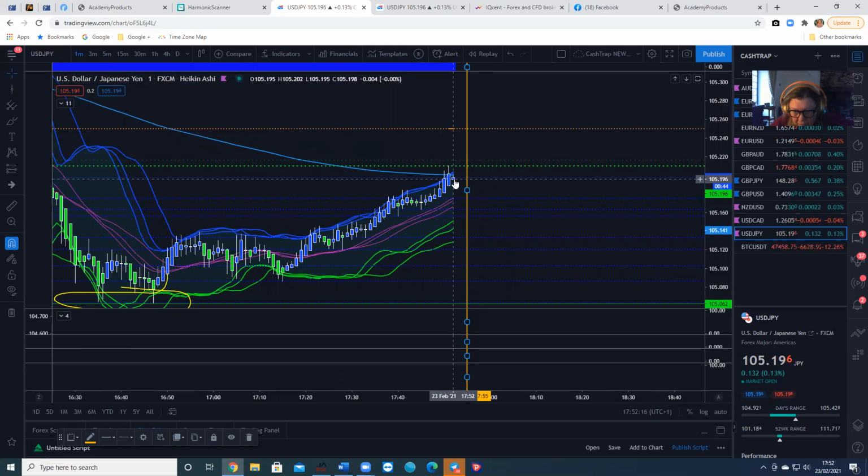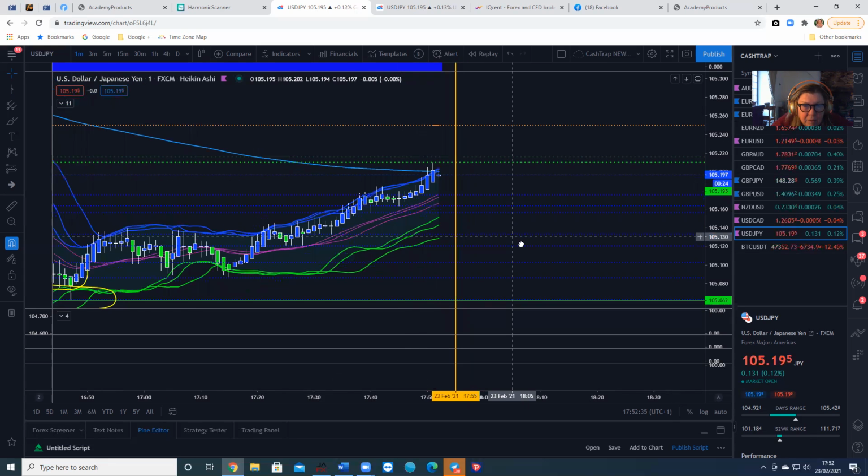So we've got 52, 3, 4, 5. So we're 2 minutes in, 50, 51, 52. So we're 2 minutes. This is the second minute of this 5 minute candle. We've come off this moving average.